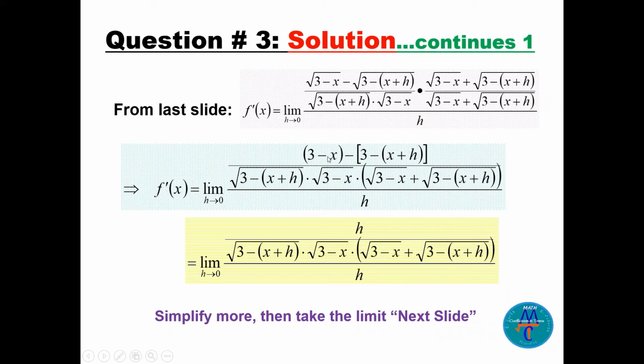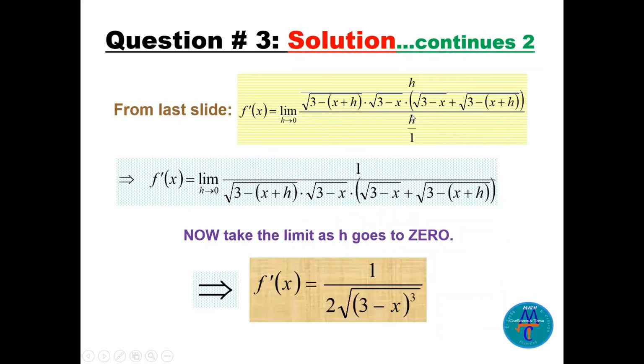Simplify that. 3 minus x minus 3 cancelled. Minus becomes plus x. x will be cancelled. And then only plus h, because we have minus, it is plus h. All divided by h, remember. So we need to simplify more on the next slide also.